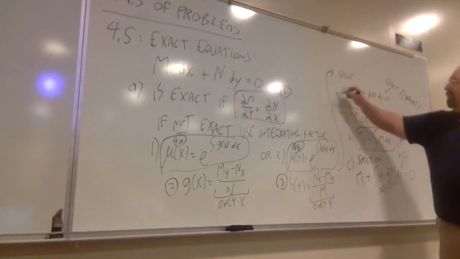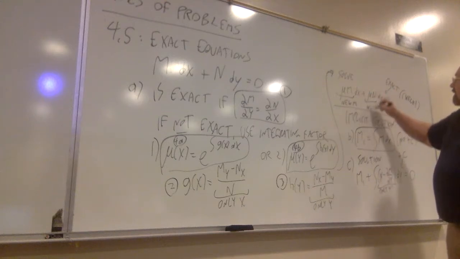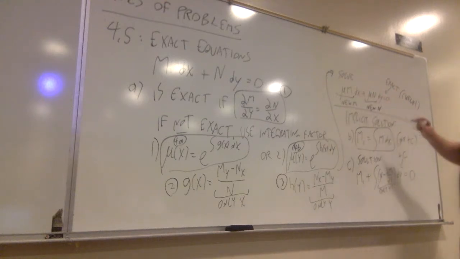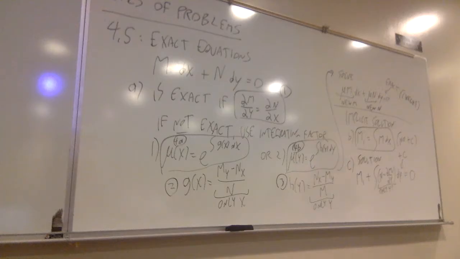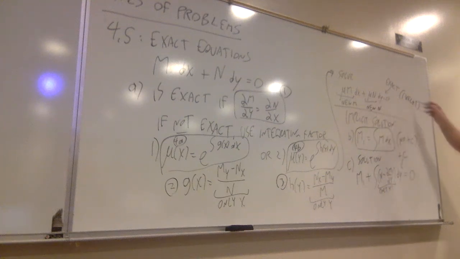Now you're going to have a new M and a new N. And I know this is something that takes time. What I would recommend, though, is once you form your new M and your new N, check for exactness again.